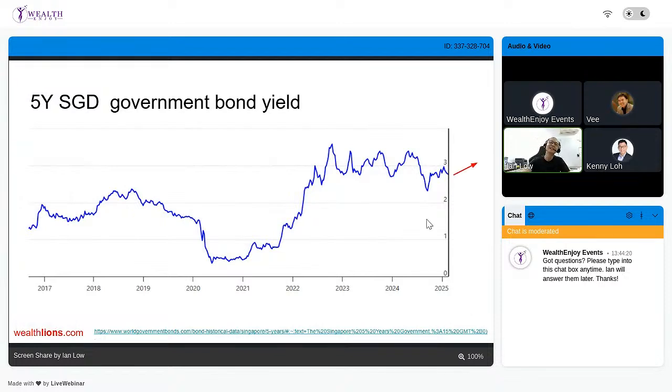I think there is a chance that even though interest rates are going to fall and bond prices are expected to rise, yields may fall, but the 5-year bond yield may actually go up for Singapore because of the shift from the inverted to a normal yield curve.